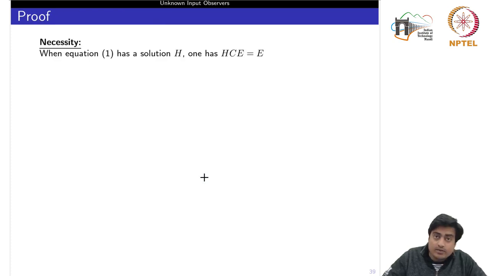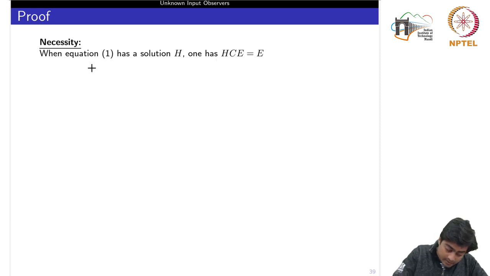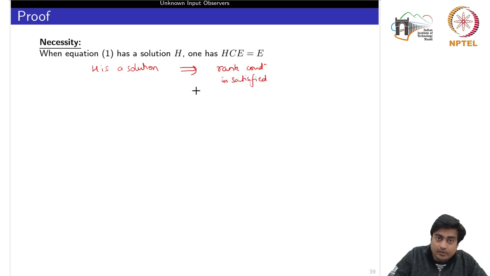Again, there are two parts of this proof. First is the necessity and another is the sufficiency. So we say that there is a solution H, and let's say H is a solution, implies that the rank condition is satisfied. So first we will see this part of the proof, the sufficiency part, that if the rank condition is satisfied implies that H is a solution.